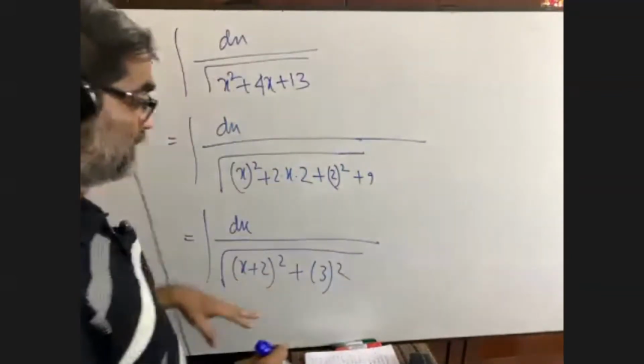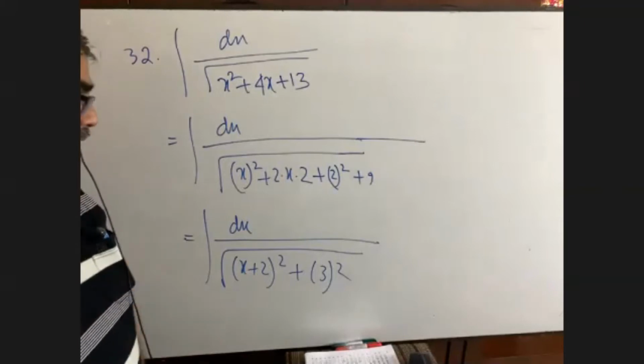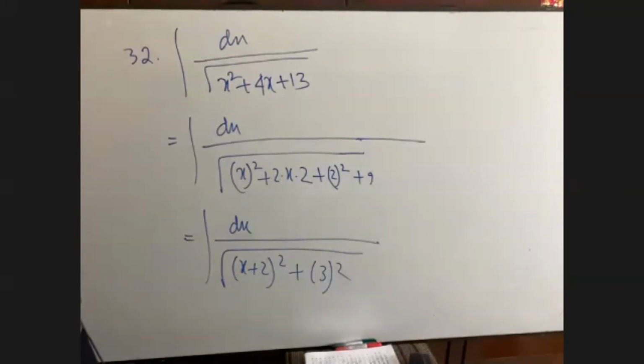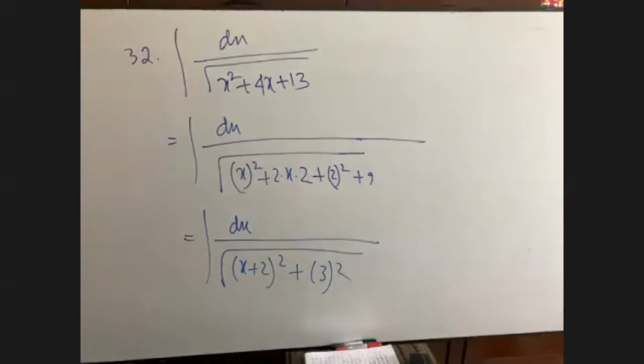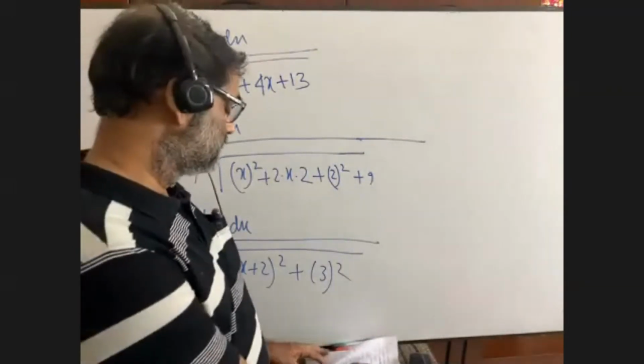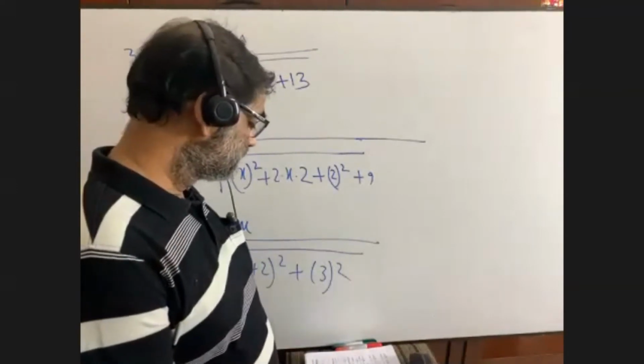No, it is not tan inverse x, sorry. Then what is to be done? Let me know. Who can tell me? What is this formula? All of you. Sir, sine inverse x by a plus c. Sine inverse. What is the formula? Go to the formula. Is it sine inverse x by a plus c?